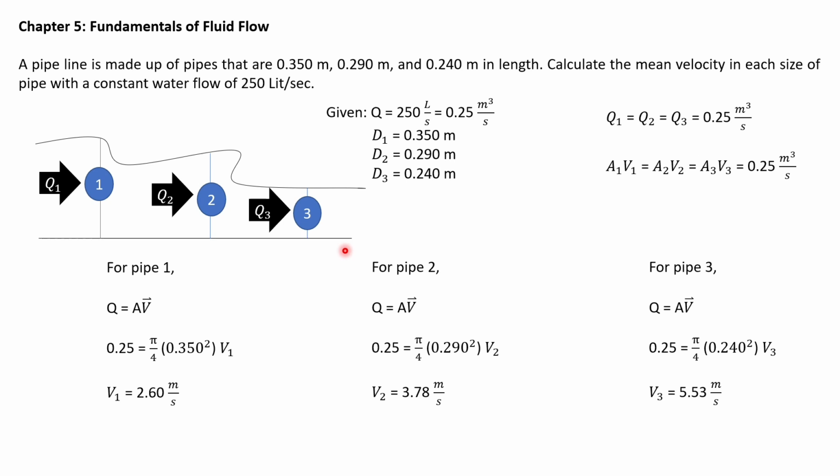So now let's talk about our givens. To have a uniform of units, we will convert 250 liters per second to cubic meters per second. We all know that 1 cubic meter is equivalent to 1000 liters.